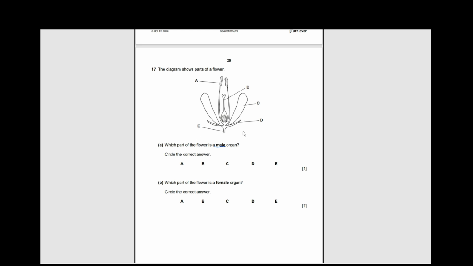B is not. D is not. C is a petal. A is the answer because this one is a male organ where pollen grains are formed.